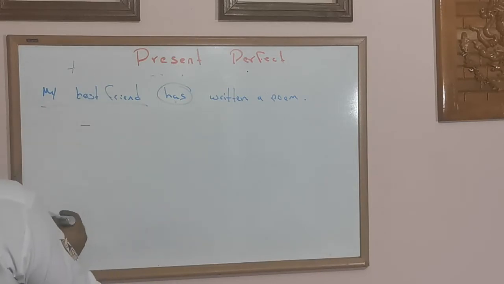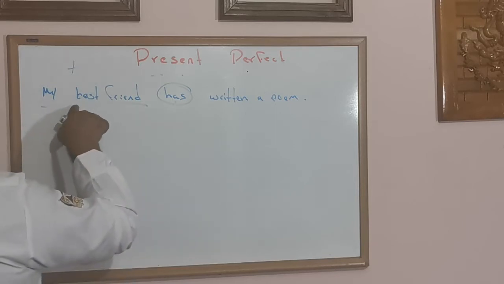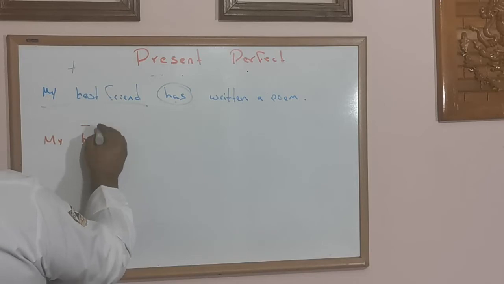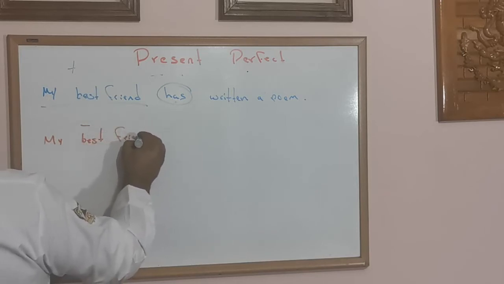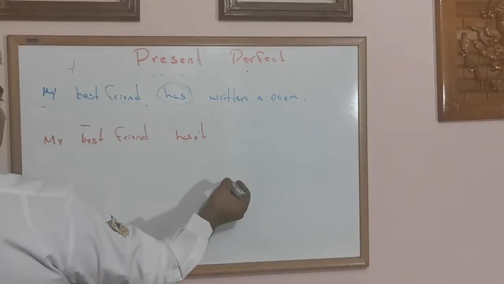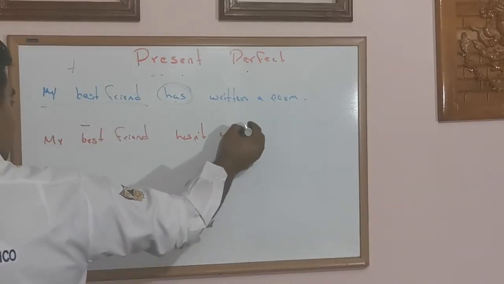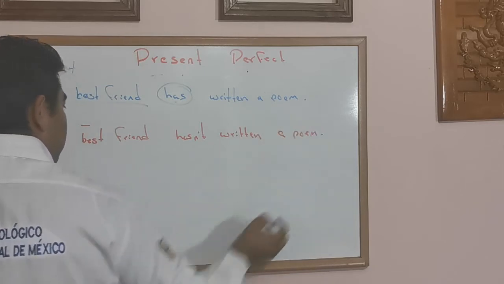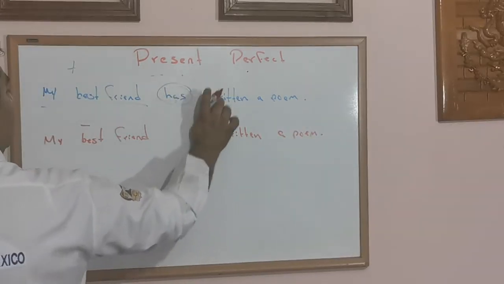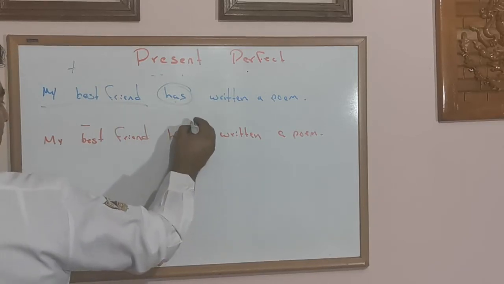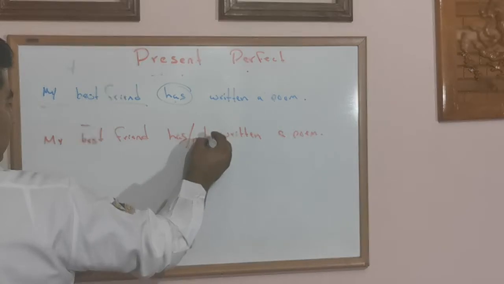Okay, the negative form is gonna be, I'm gonna use the same, okay? So you say, my best friend, the negative, hasn't written a... So what I'm doing is this. Has not.